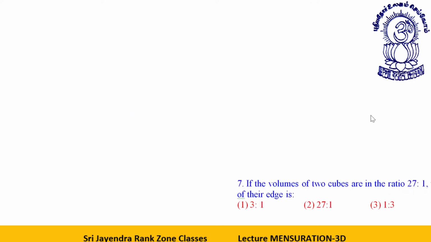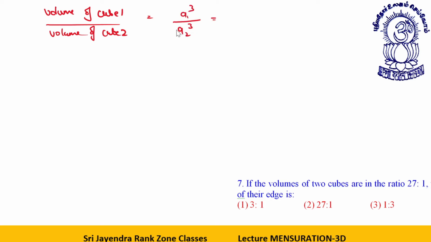If the volume of two cubes are in the ratio, then the ratio of their edges. Dear students, in mensuration 2D also we did similar type of questions. Let's say volume of cube 1 upon volume of cube 2, that will be what? That will be a1 cube upon a2 cube, or I can say a1 by a2 cube.